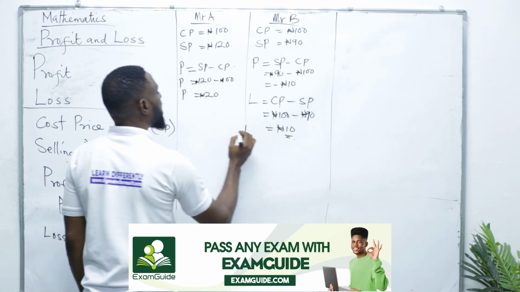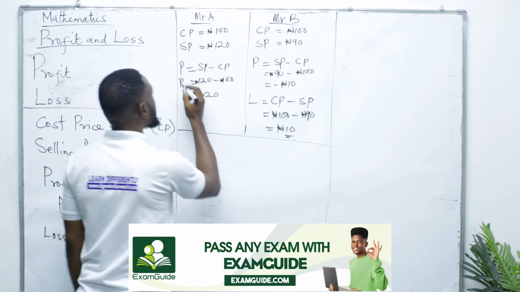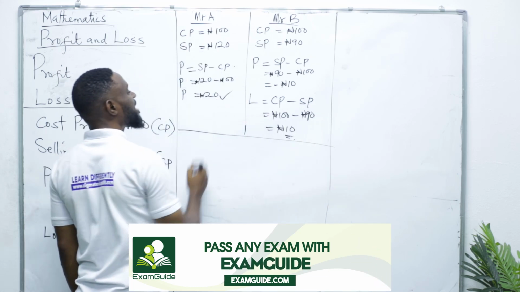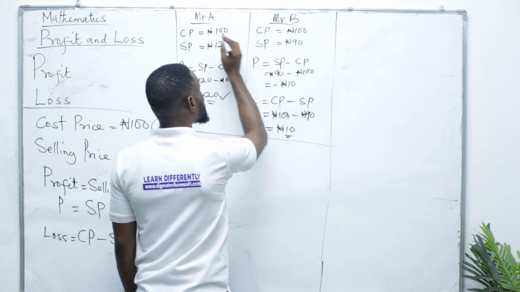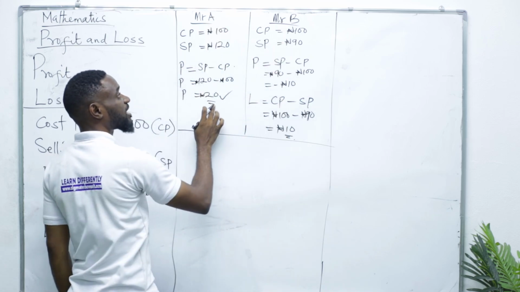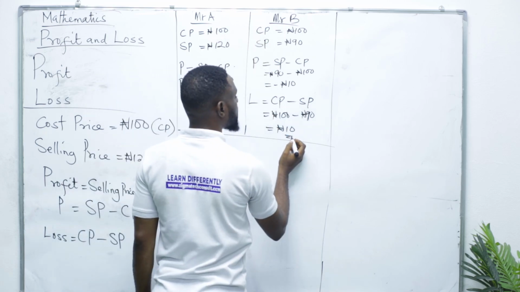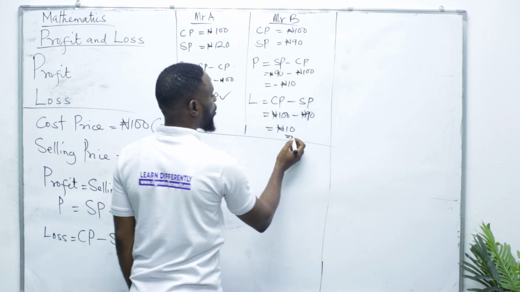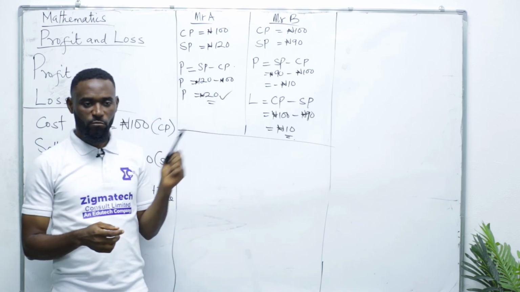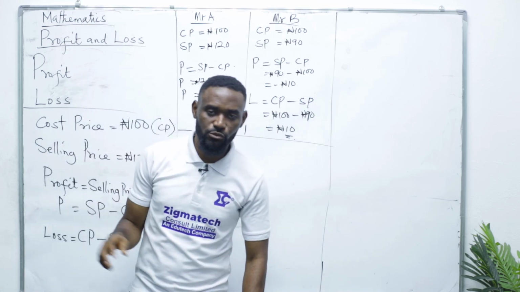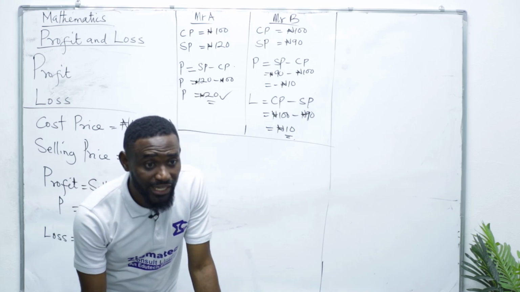So we could see that Mr. A made a gain of 20 naira, while Mr. B made a loss of 10 naira. All right, so that is how to go about that.